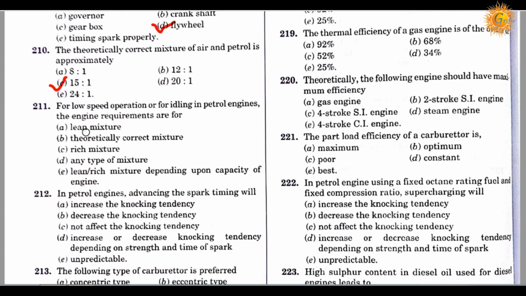Question number 211. For low speed operation or for idling in petrol engines, the engine requirements are for: option A lean mixture, option B theoretically correct mixture, option C rich mixture, option D any type of mixture, option E lean or rich mixture depending upon the capacity of the engine.